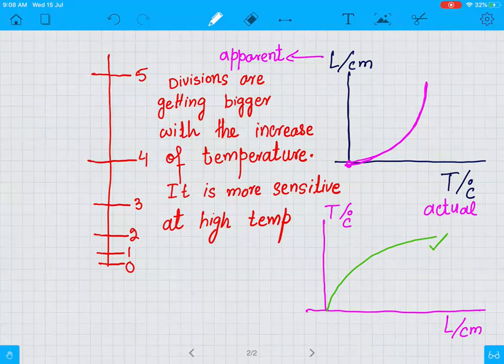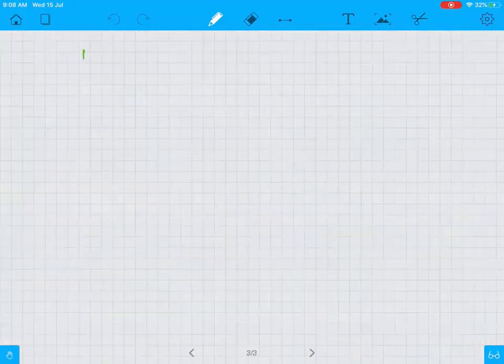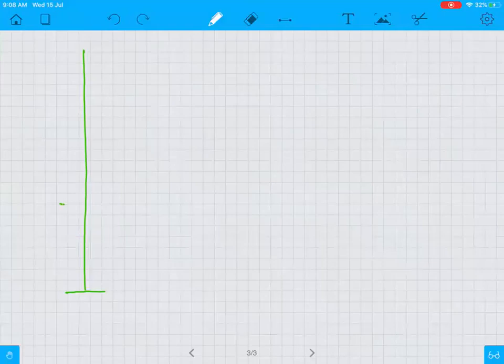Now you see, another example could be when you get a situation in which the divisions start to get smaller. 0, 1, 2, 3, 4, 5, and so on.